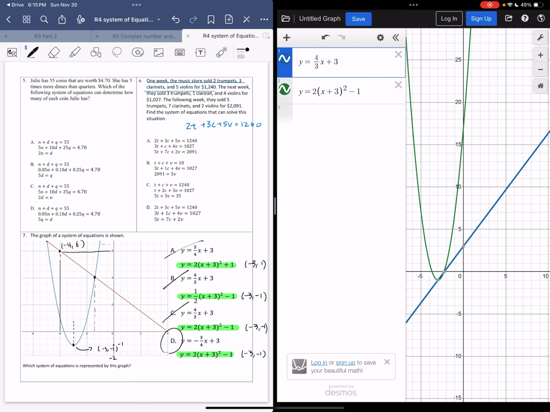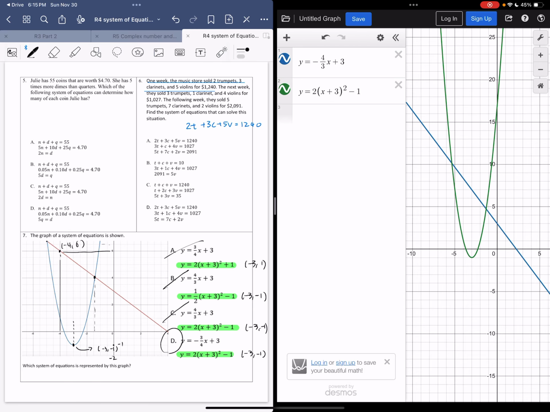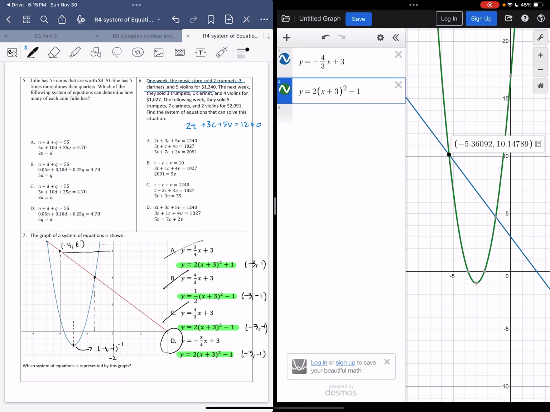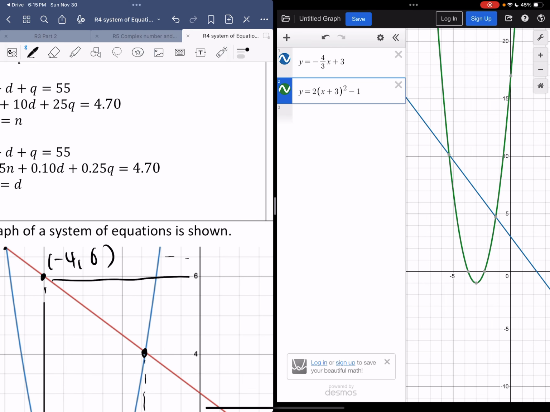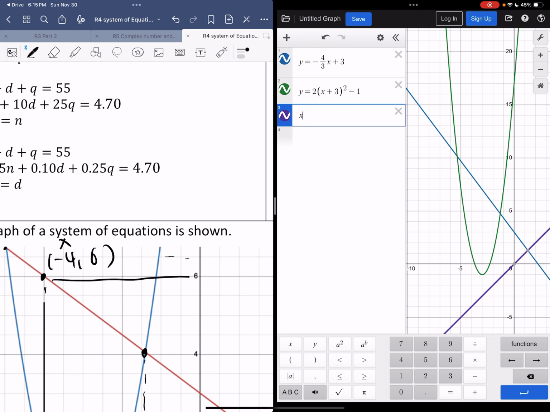The answer is going to be D, but let's see if it's the same thing. So I'm going to put the negative here. Okay. All right, so look at this. I got these 2 points, but that's not what I wanted to look for. I should have a -4, 6. So this is x. So when x is equal to -4, I should have a 6.